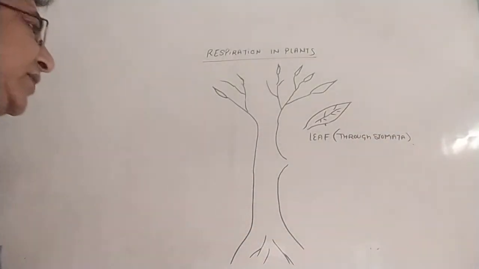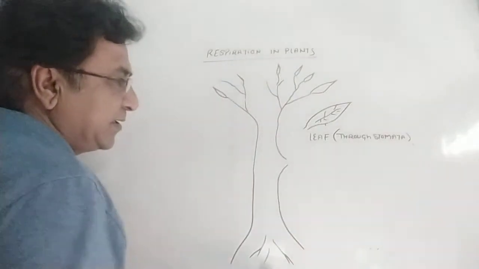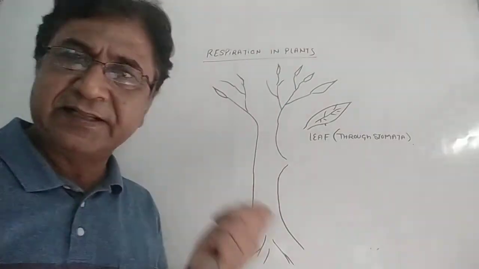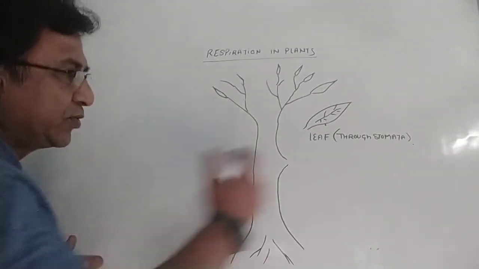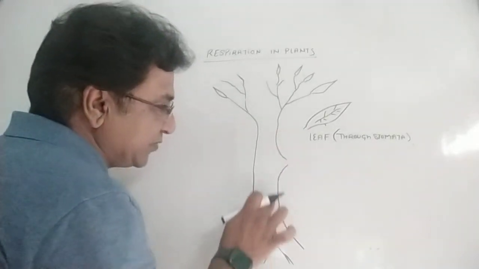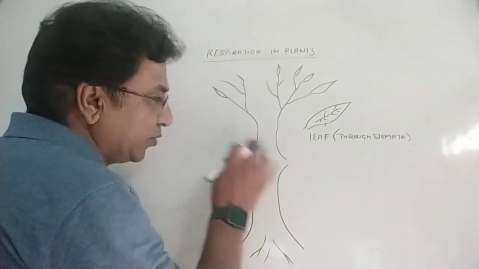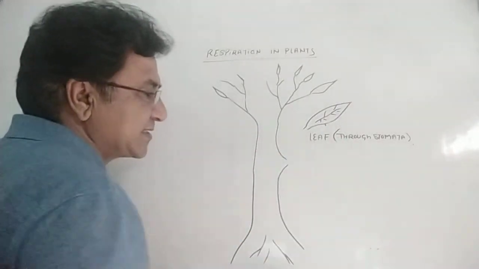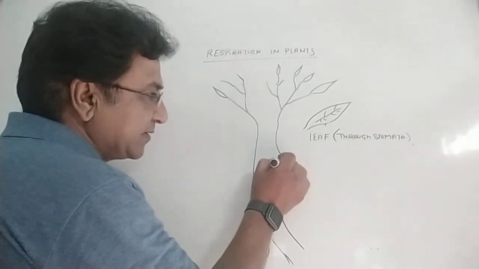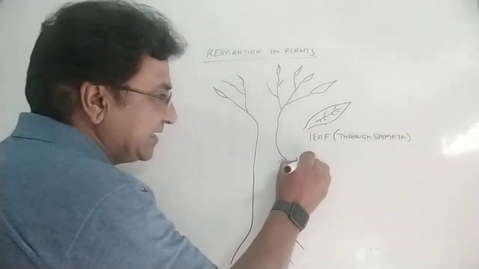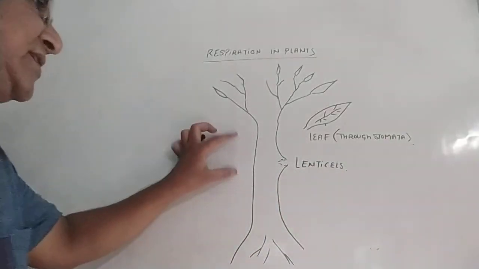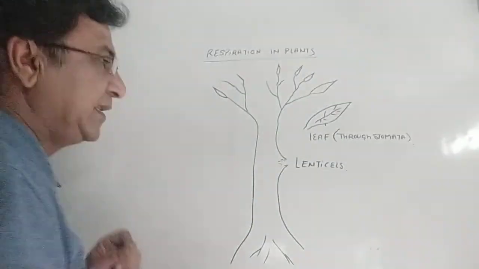But in the stem region, because of the secondary growth, which you must have studied in the 9th class, it is a lateral growth on the sides, and dead cells are produced on the sides, but parenchyma go on dividing and actually rupture the stem region, and a hole develops. A pore structure develops called lenticels. So in the stem region, gaseous exchange takes place through lenticels.